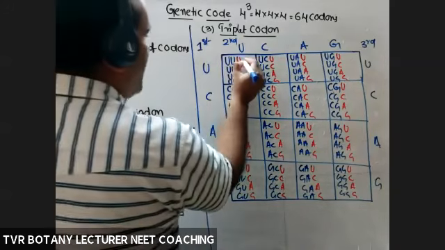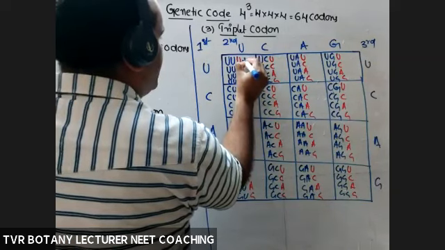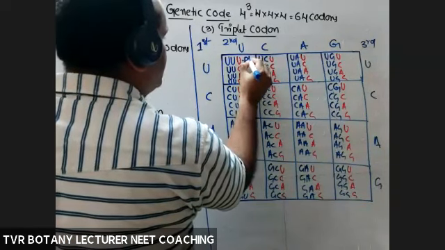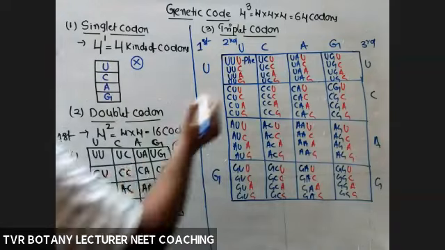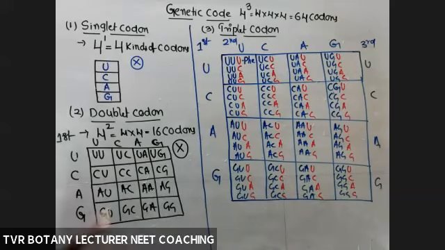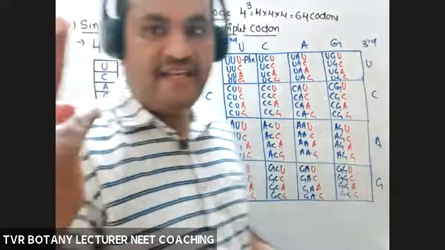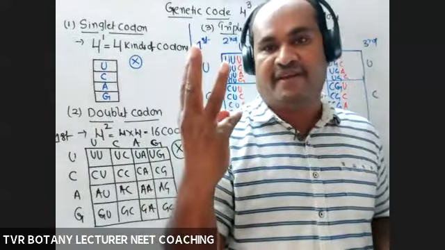So the first one codes for phenylalanine, P capital, HE small, PHE. Each amino acid is represented by 3 English alphabets.